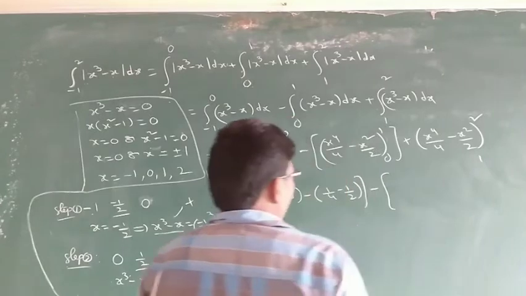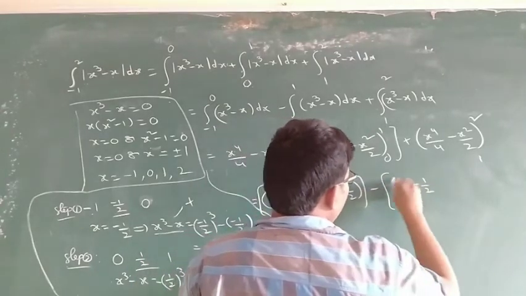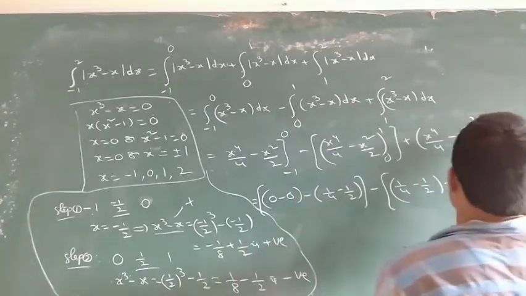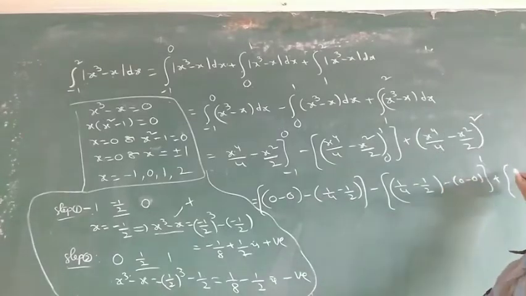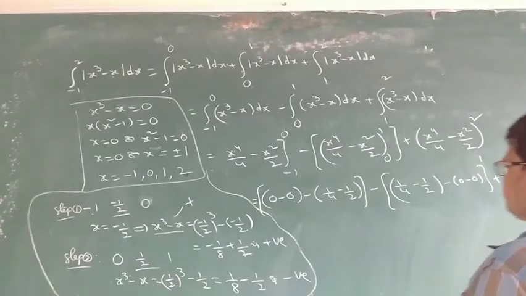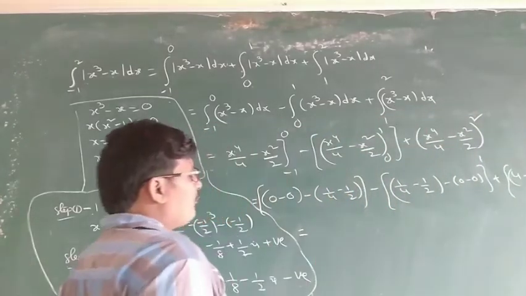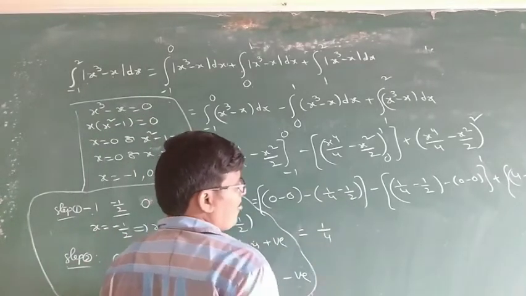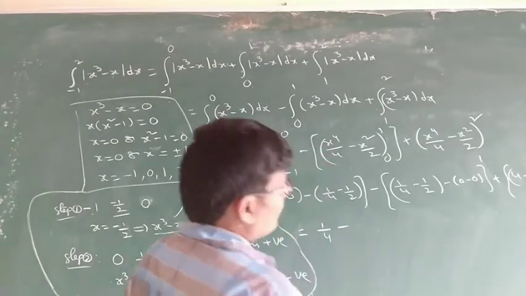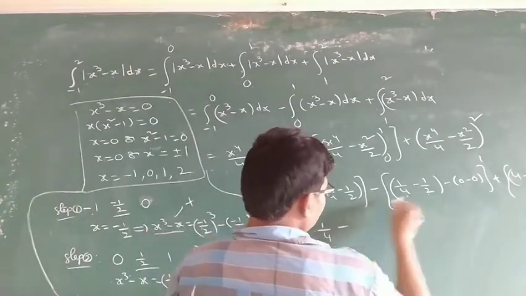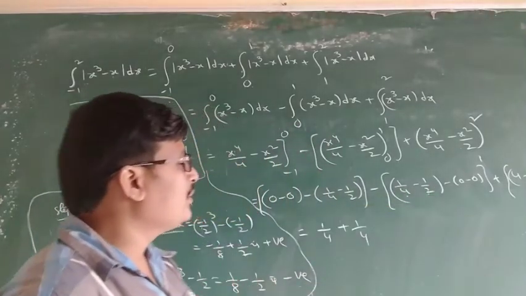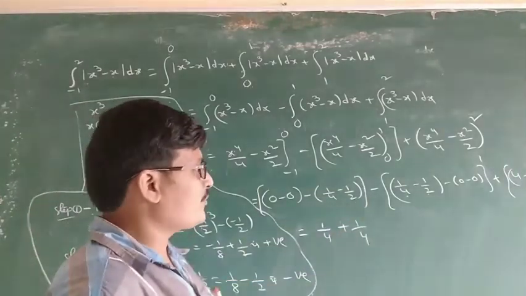Minus, first upper limit: 1 by 4 minus 1 by 2 minus 0, plus 2 power 4 is 16 by 4 is 4, minus 2. Then minus of (1 by 4 minus 1 by 2) becomes minus 1 by 4 plus 1 by 2 in the first part, and 1 by 4 minus 1 by 2 minus 1 by 4 in the next.